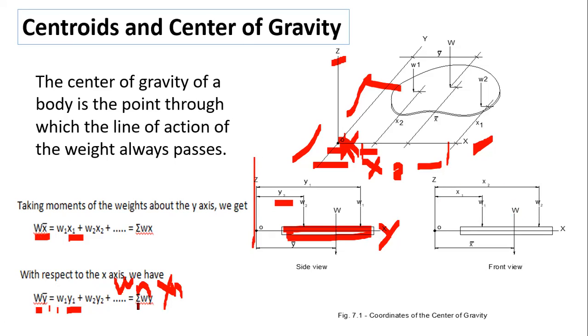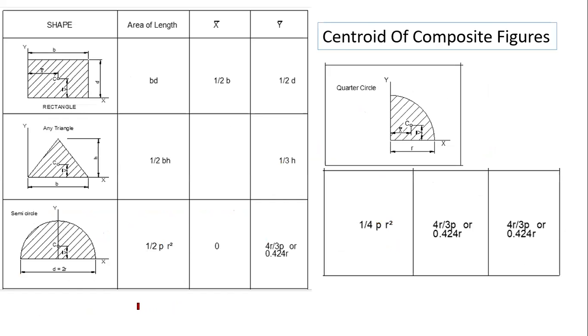Meaning, if you are going to divide a certain area into different parts, in most cases, for example, a combination of rectangle and triangle, you are going to work with different areas. So what are the common basic shapes that we just need to remember?